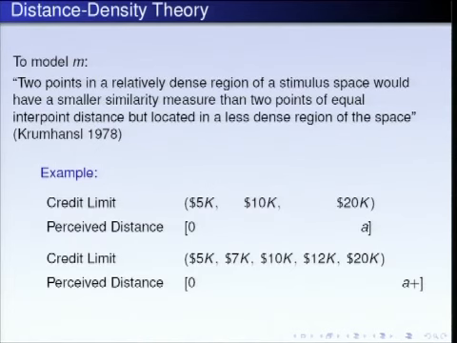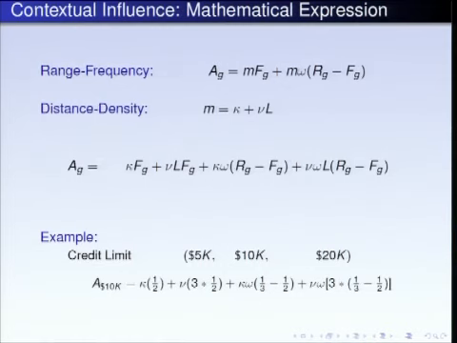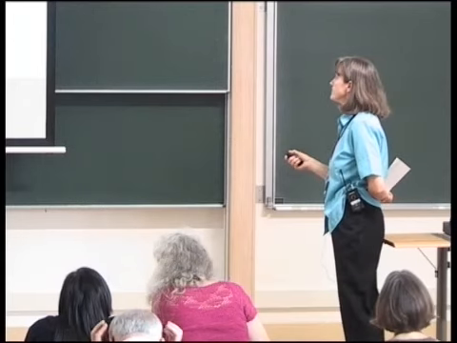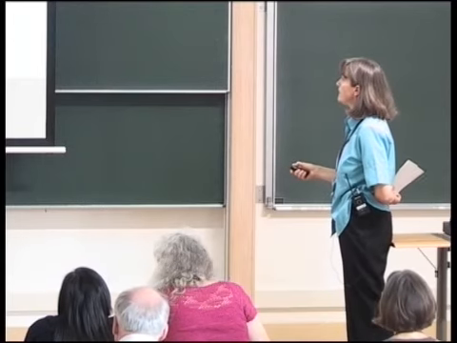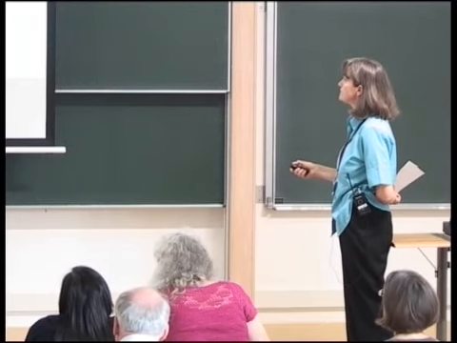And we just took a simple linear model, so here it is. Here's the range frequency theory from the psychology literature. Here's the modeling of the scale parameter in terms of the number of levels, and then if you put all that together, you get this thing here as the perceived goodness of that particular level of the attribute.